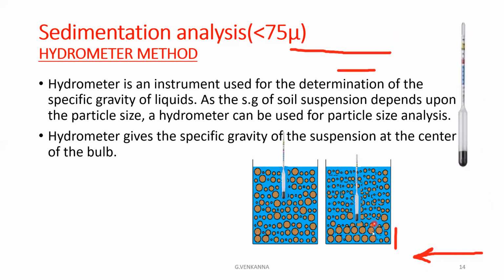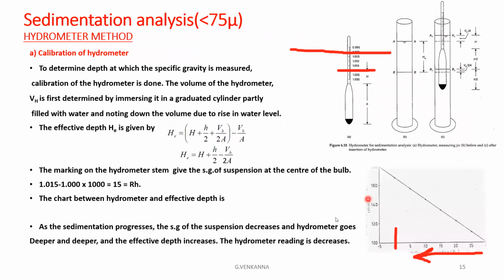So after the specific gravity of the suspension decreases, the hydrometer goes deeper and deeper. As the hydrometer goes deeper, the effective depth increases, because the h value decreases, and the height is gained. So the effective depth increases and the hydrometer reading decreases.